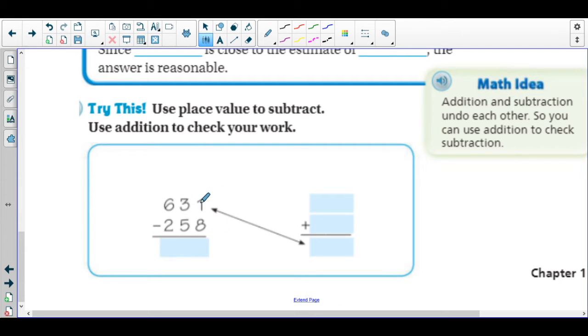No. The top number is smaller than the bottom number. So I need to borrow from my neighbor. So I'm going to go ahead and mark this out. So borrow 10 and then add 10. Now you can add your 1 right here if you want, just knowing that that is 11. Or if you want, you can go ahead and put it above here so that you don't get confused. Either way.